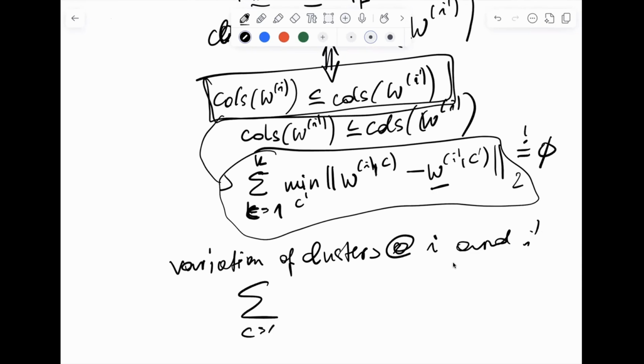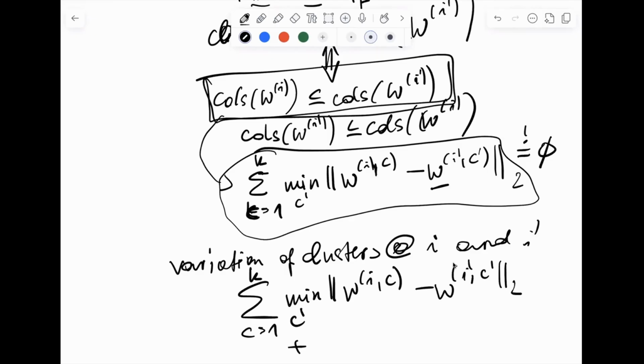So we sum over all cluster indices, and then we take the minimum of these distances, C prime, plus another minimizer, which changes the role of I and I prime.